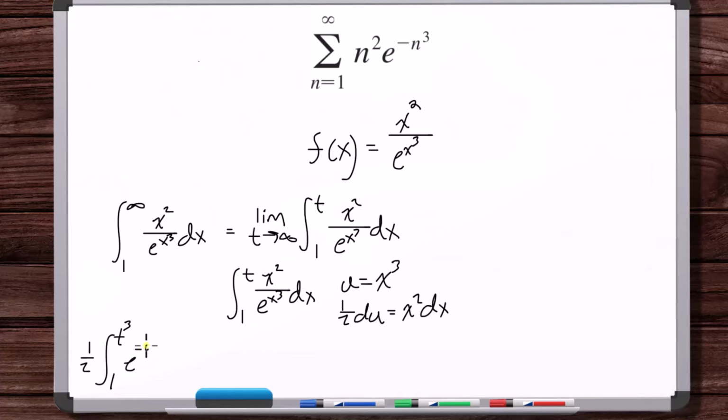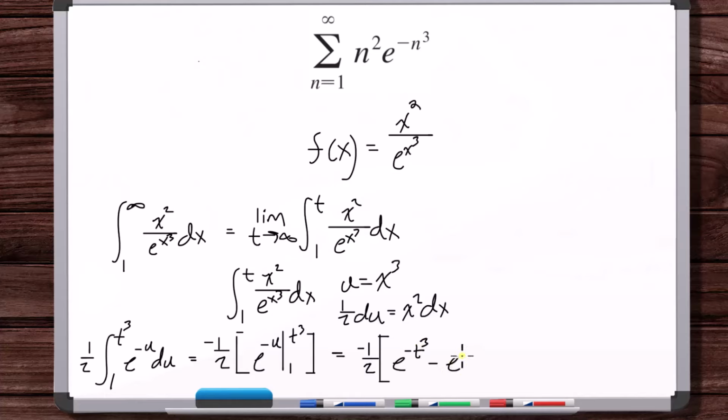So e to the minus u du. So 1/3, the integral of e to the minus u is minus e to the minus u. So take out that minus, and you've got e to the minus u. So e to the minus t cubed minus e to the minus 1.